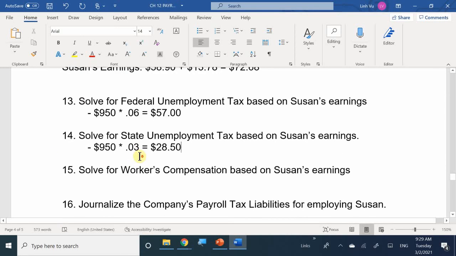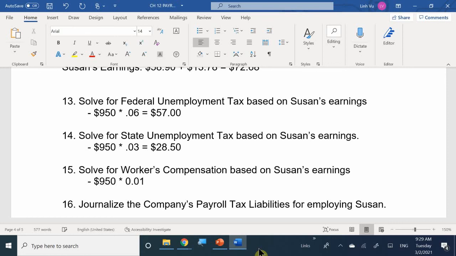Okay, and last but not least, what is the workers' compensation? $12.92.